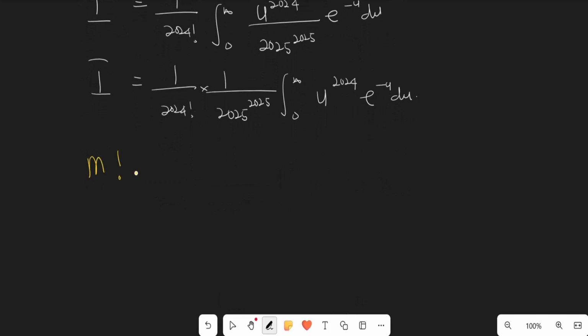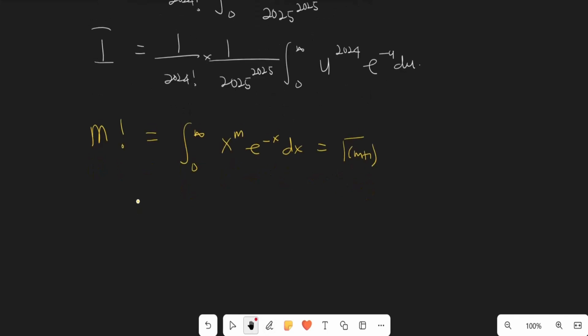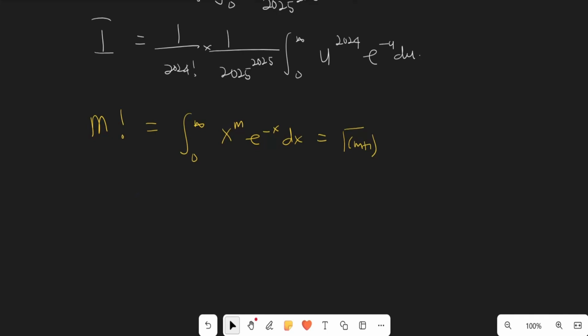If you have m factorial, this can be written as the integral from 0 to infinity of x raised to the power m e raised to the power negative x dx. This one is the same as gamma of m plus 1. Gamma of m plus 1 is m factorial, that is if m is a positive integer. So this one is just like m factorial, which is 2024 factorial.